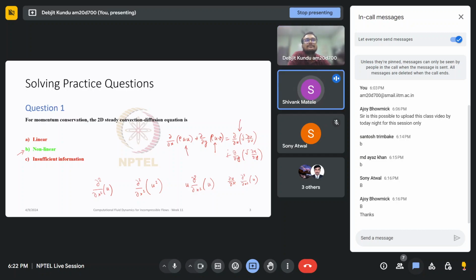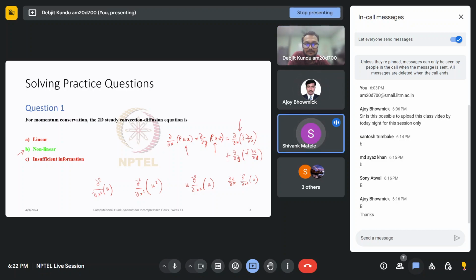Can you just give me a fine definition of what is linear non-linearity? Nonlinear is that if any term is multiplied by the term itself or any derivative of it. What does it physically mean?